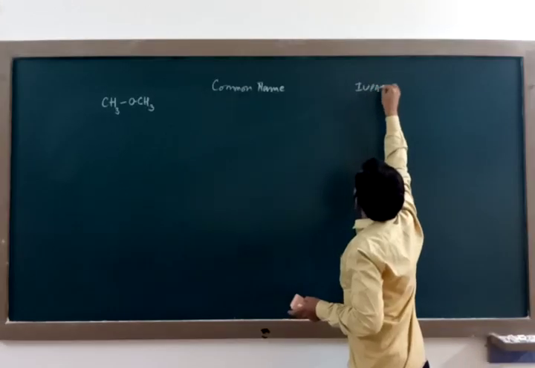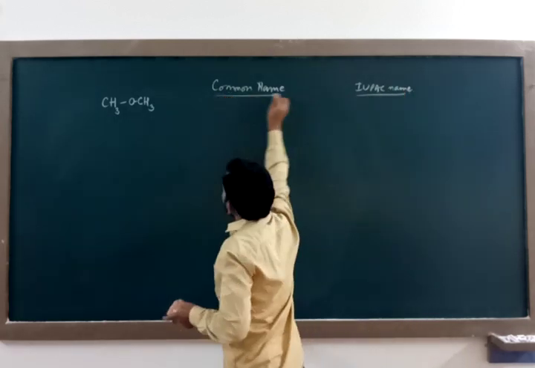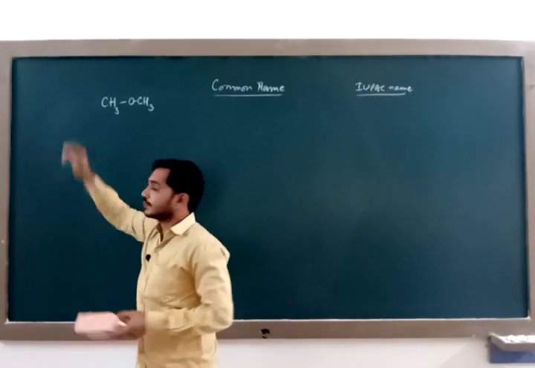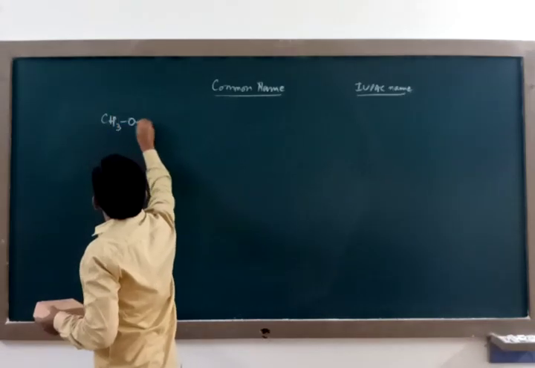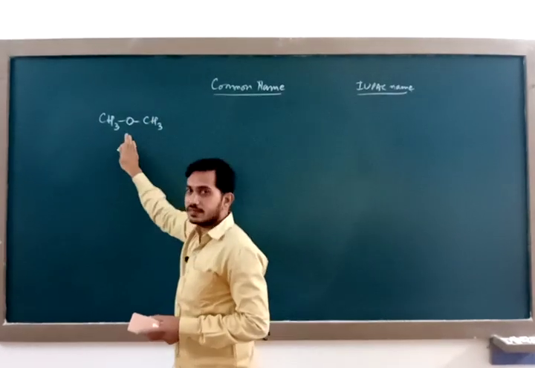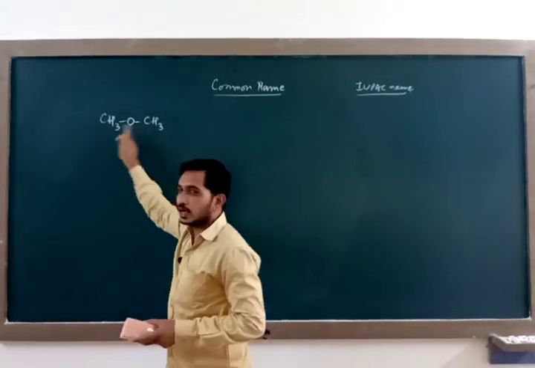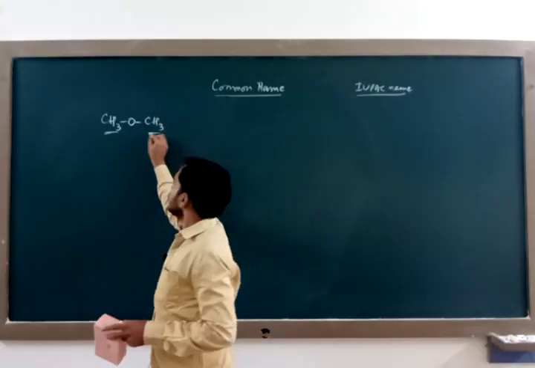In the common naming system, the names of ethers are given based on the alkyl groups. Say if this is one compound, then its name in the common naming system is given based on the names of the alkyl groups. This group is called methyl, and this group is called methyl.